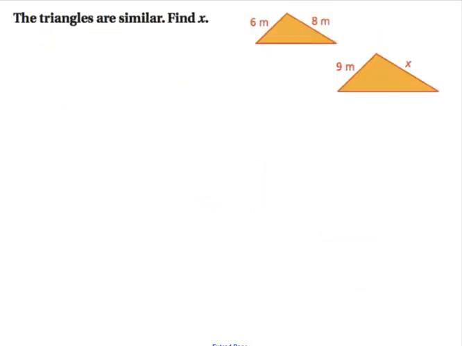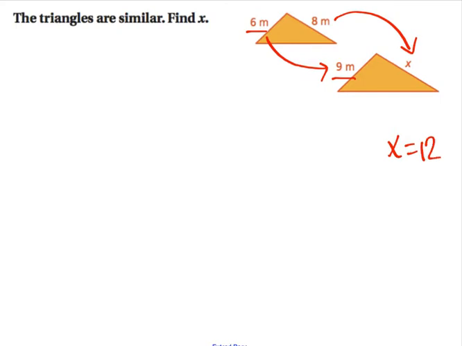The triangles are similar. Find x. Okay, we can do this with either scale factor or with proportions. Do we know how to get from 6 to 9 using multiplication? If we do, then we can do the same multiplication to get to x here. It is times 1.5, so we could get x equals 12 that way.